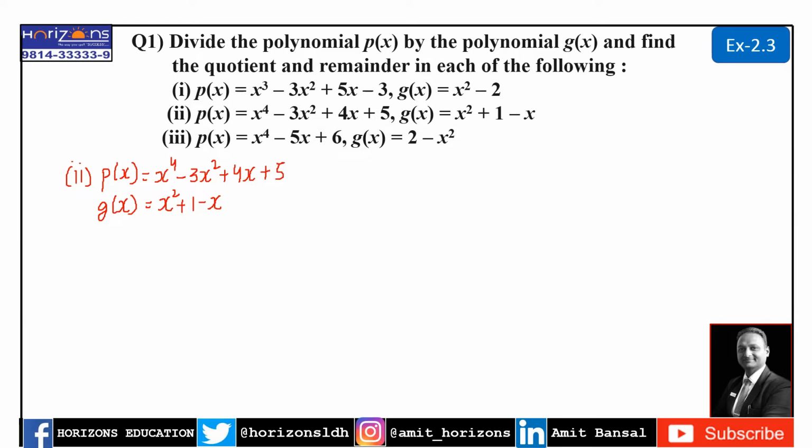So before starting the division, we need to put the polynomials in the right order of their powers. Since p(x) is okay, we will just correct the order of g(x). So first of all we'll take the x square term, then the x term, and then the constant term, right? So let's start dividing.